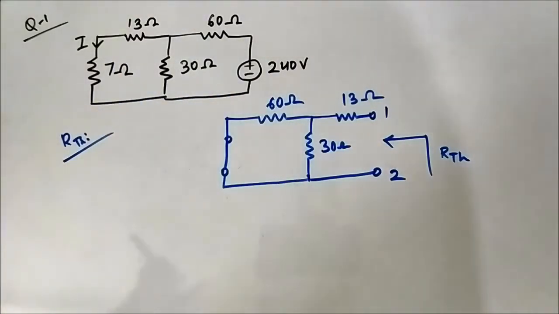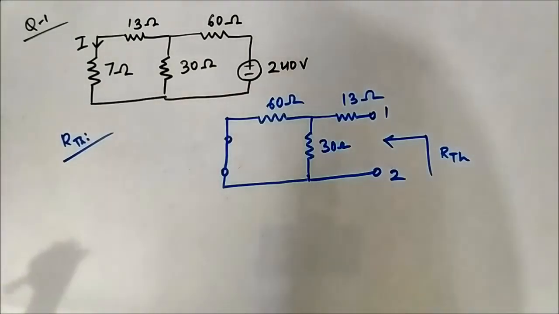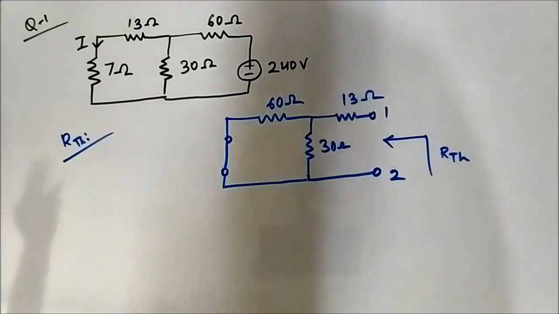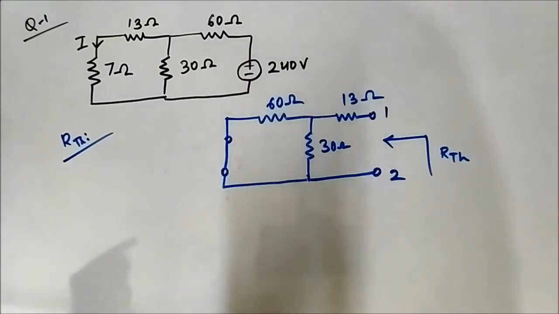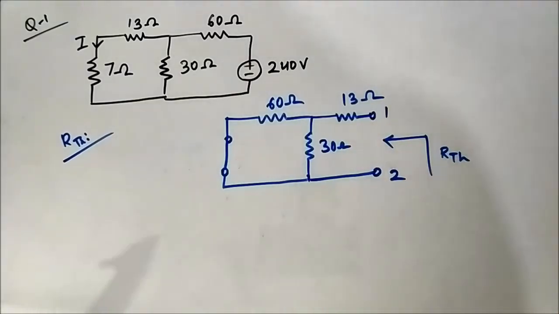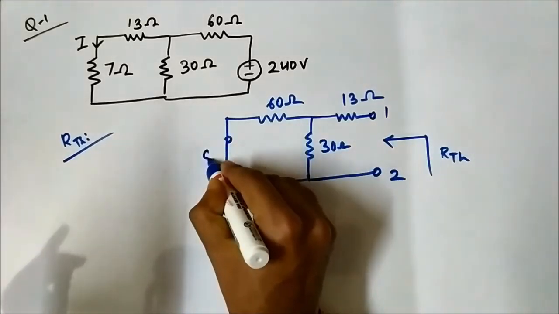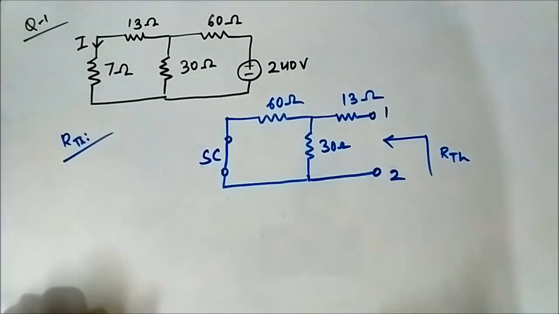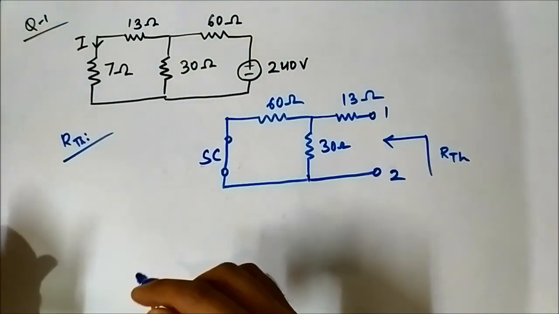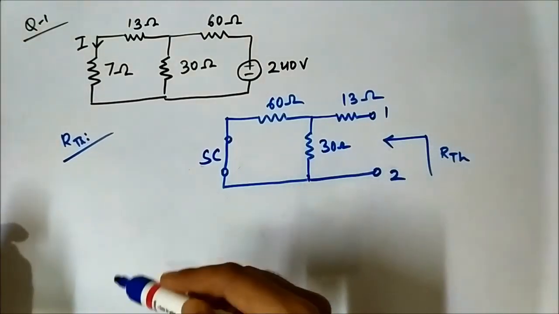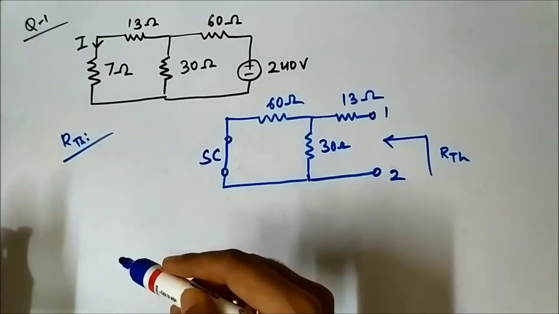If we considered a particular current source or a voltage source, we have to deactivate the remaining voltage sources and current sources. Voltage sources were short circuited, current sources were open circuited. The same principle. So here we have to determine the Thevenin resistance.